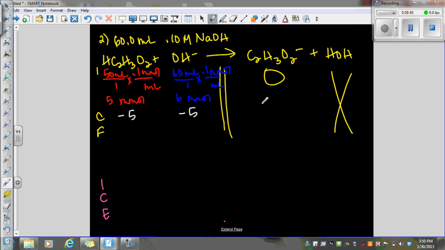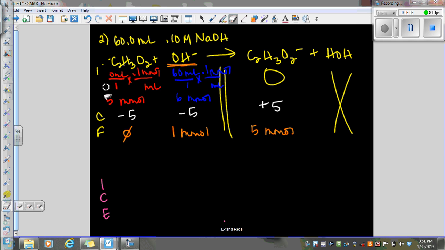Reactant side goes down by 5, product side goes up by 5, and we are left with no acid, 1 millimole of strong base hydroxide, and 5 millimoles of conjugate base. So essentially no acid is left. You have a strong base and you have a weak conjugate base.